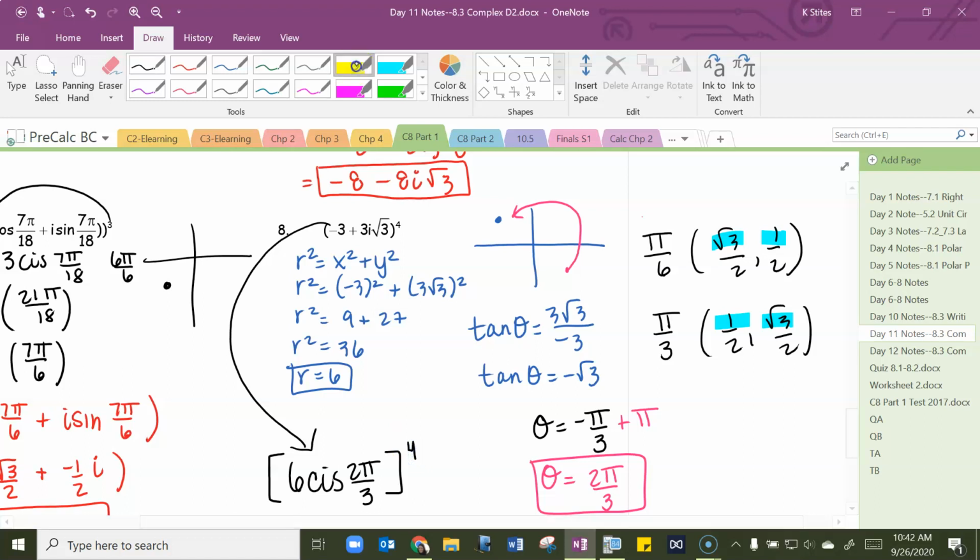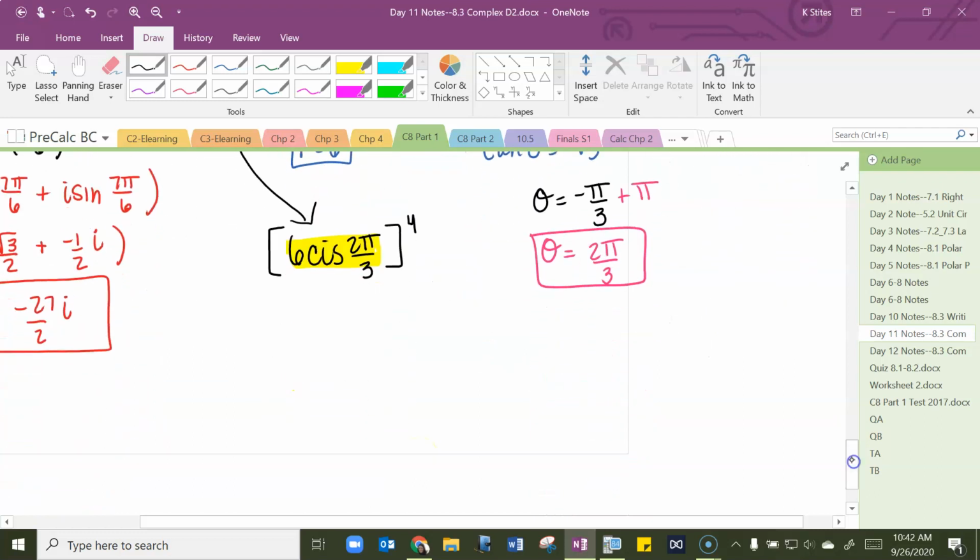Okay, so all we've done right now is change this rectangular form into this polar form. But the reason we're doing that is because you now have the capability of using de Moivre's theorem. So now we will go ahead and say 6 to the 4th cis 2 pi over 3 times 4 is 8 pi over 3.